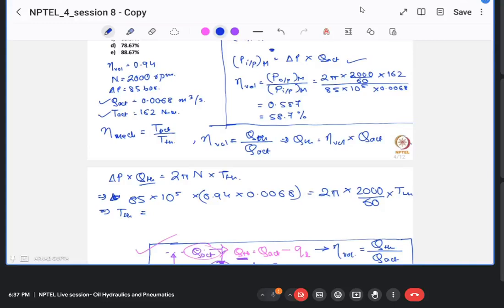So you'll get around 259.42, around 260 Newton meter.